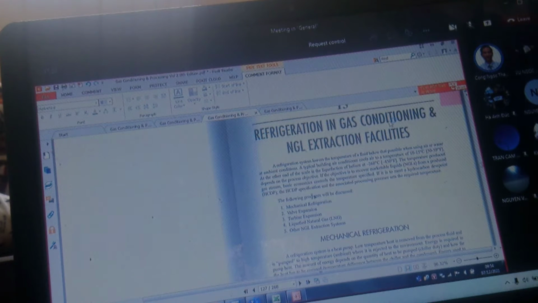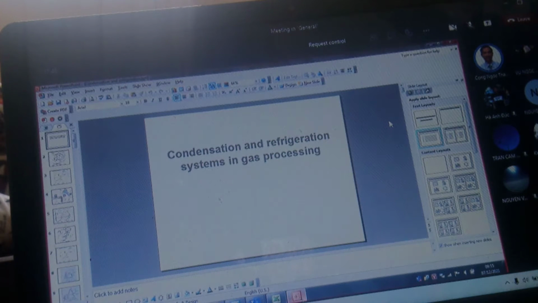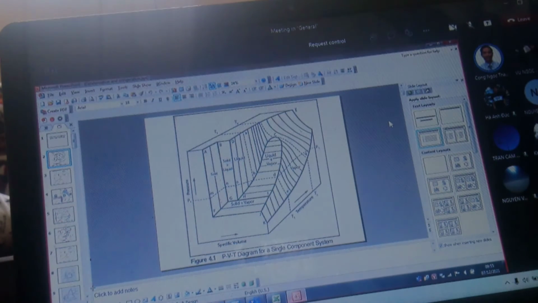The lighter component is still in the gas phase, or some parts of the lighter component condense along with the heavier component. So based on the change of working condition, we can separate the mixture gas.